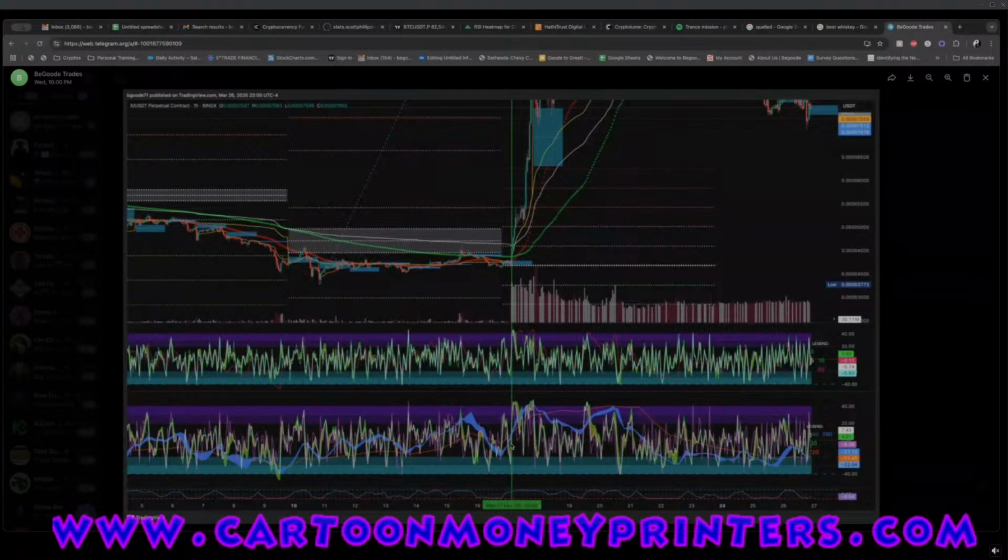And the par, I mean, the 4 hour was just barely crossing the zero line. So you had a lot of room to move. Now, I didn't expect that kind of a move out of it. The last and final pivot was right here, and it just doubled that. I mean, that's a pretty insane move.